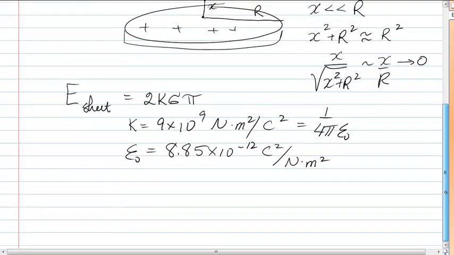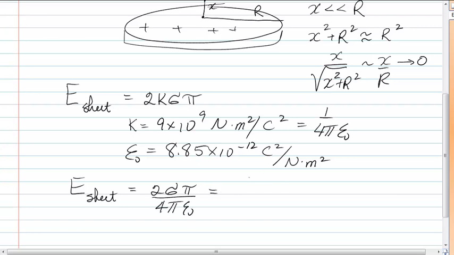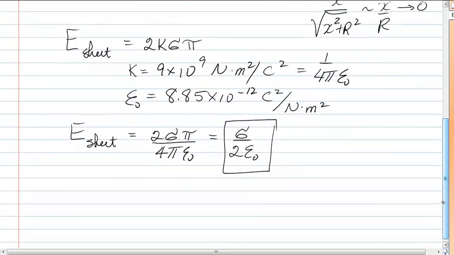You'll often see the formula for the infinite sheet written in terms of epsilon naught rather than k. Substituting that in, we get 2 sigma pi divided by 4 pi epsilon naught. Pi's cancel, and we're left with sigma over 2 epsilon naught. That is the formula that you use for the electric field due to an infinite sheet of charge.